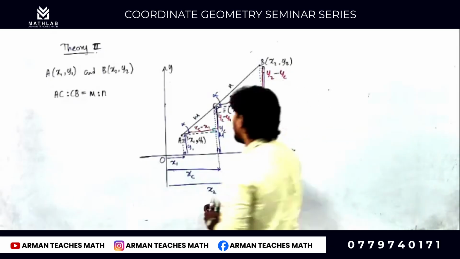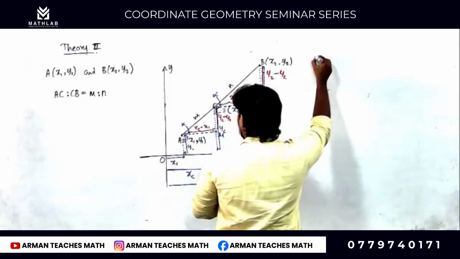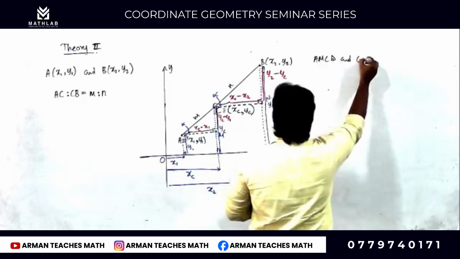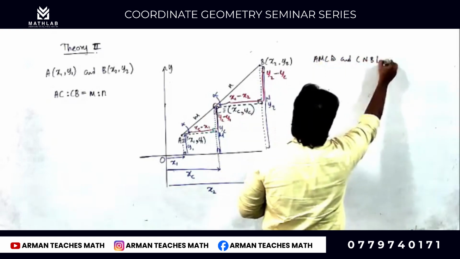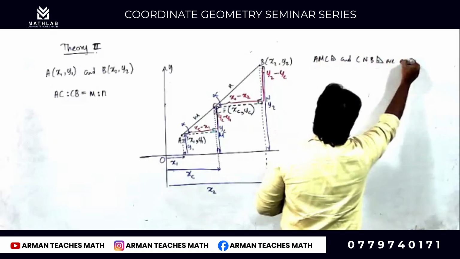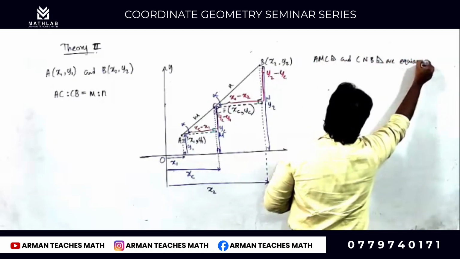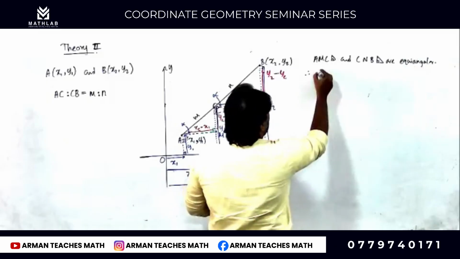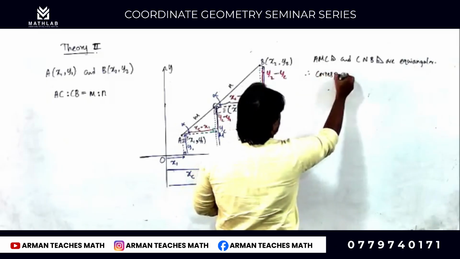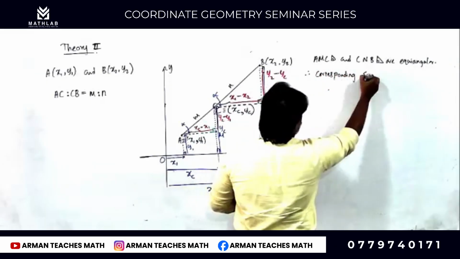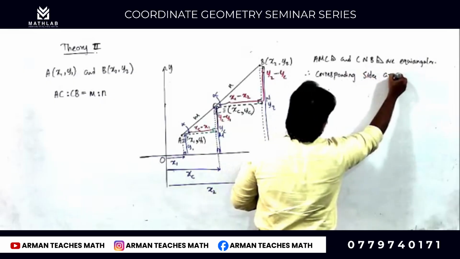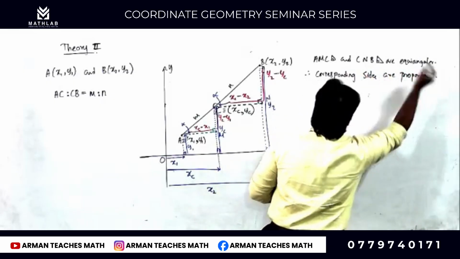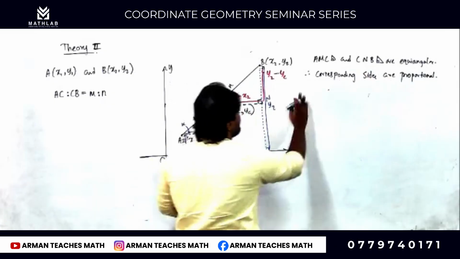We can write that right angle triangle AMC and right angle triangle CNB are equiangular. Therefore, corresponding sides are proportional. So I can write something like this.